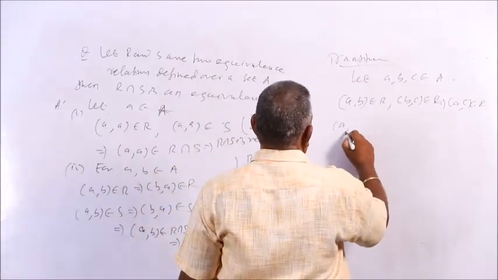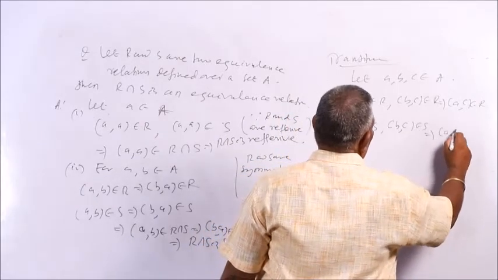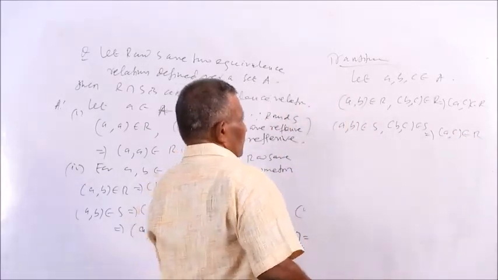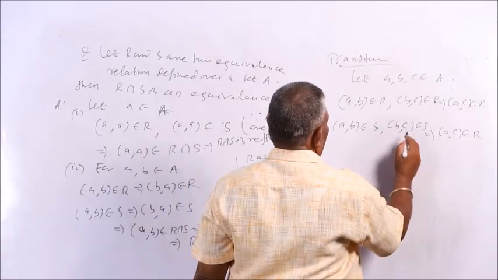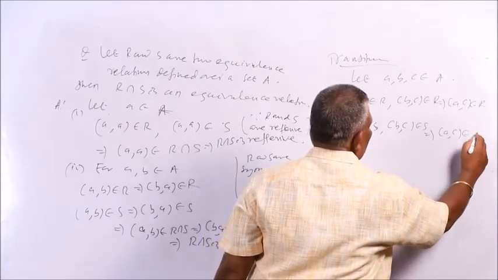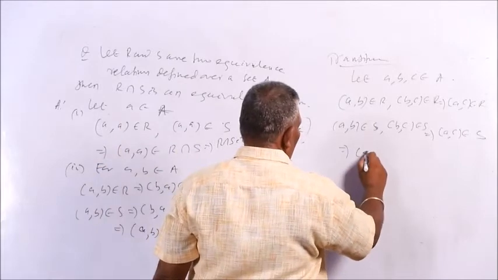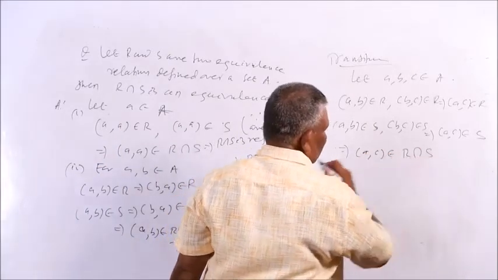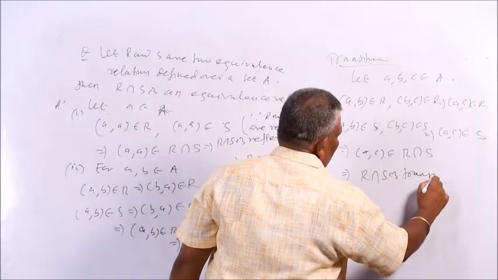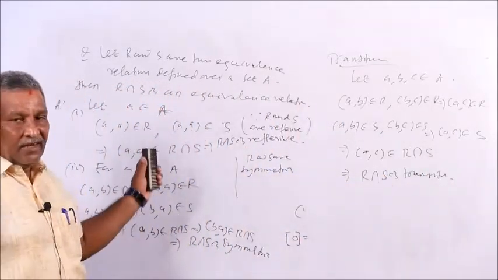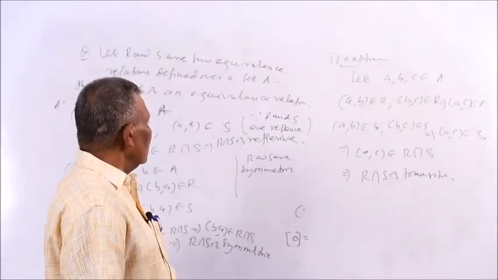Similarly, (a, b) belongs to S, (b, c) belongs to S, implies (a, c) belongs to S. That implies (a, c) belongs to R intersection S, so R intersection S is transitive. Therefore, if R and S are equivalence relations, then their intersection is also an equivalence relation.